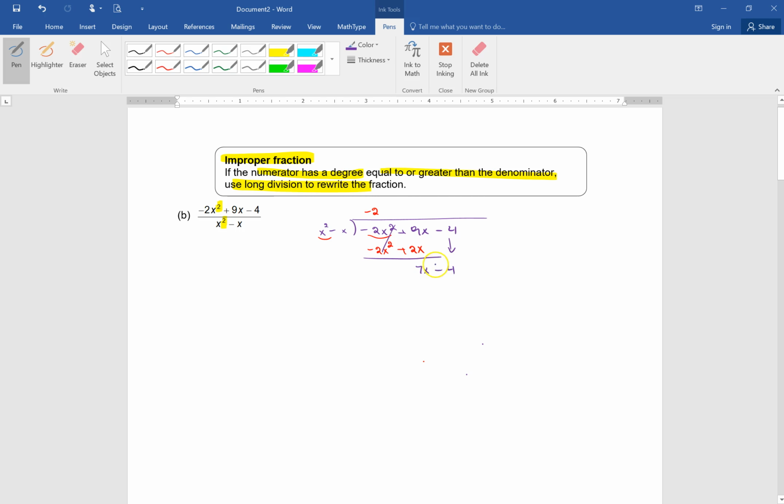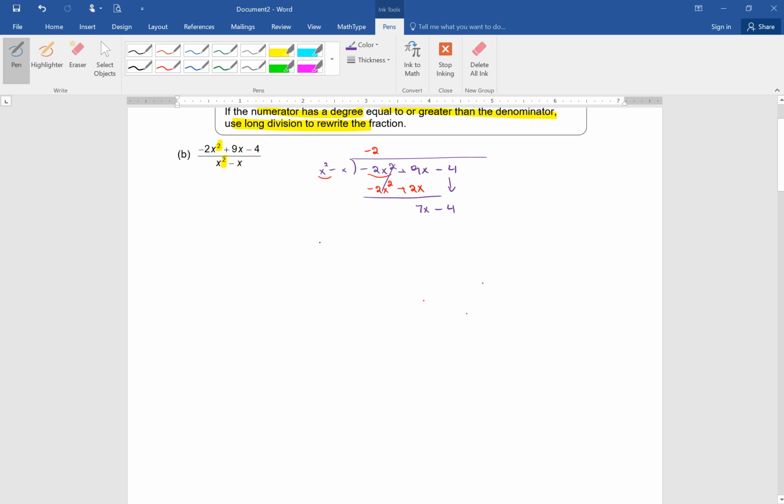We know we're done because the exponent here is less than the exponent here. So what did we get finally? This is equal to negative 2, that's the quotient, plus the remainder over what was our denominator? x squared minus x.